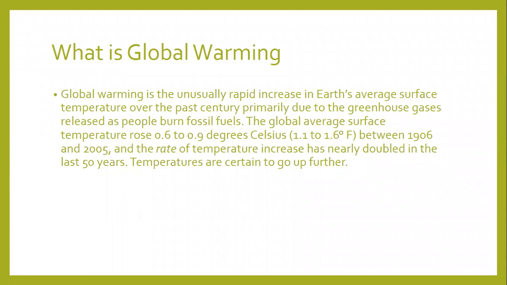So this is basically talking about the increase of global warming in the past few years. And you might think it's not a big deal. It's only raised by 0.3 degrees, but a slight change in temperature can affect the environment really badly.